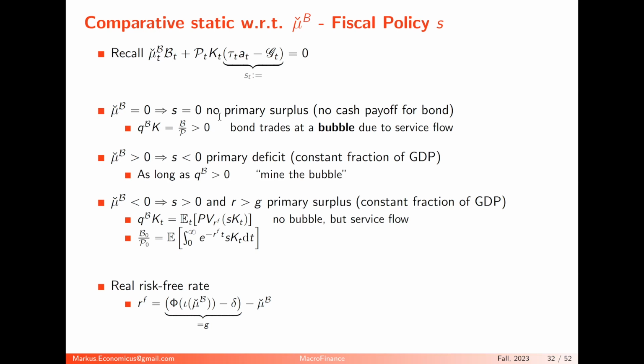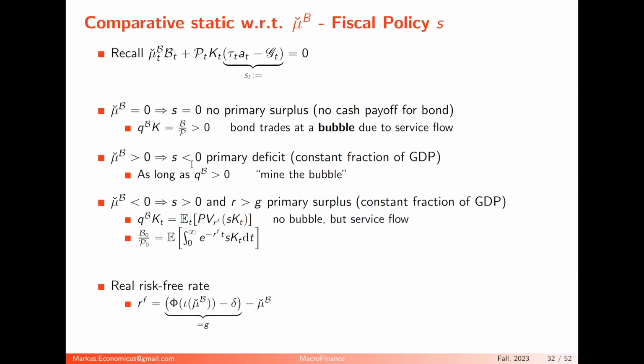But as a government, you can say, wow, this bond bubble is actually nice. I can print even more and issue new bonds, and what we call mine the bubble. You can milk the bubble. Okay, so you can print bonds. By printing bonds, you can have a negative primary surplus, and as long as you don't overdo it, you can do it.